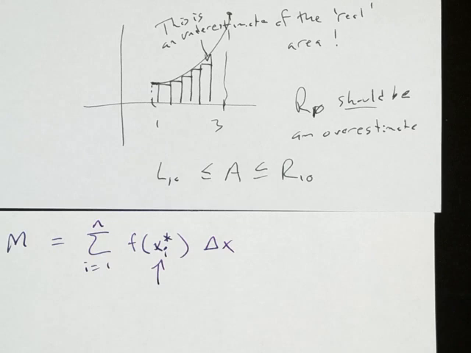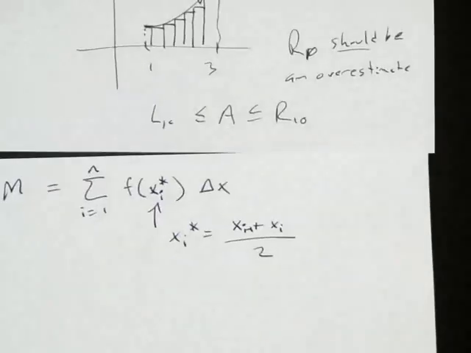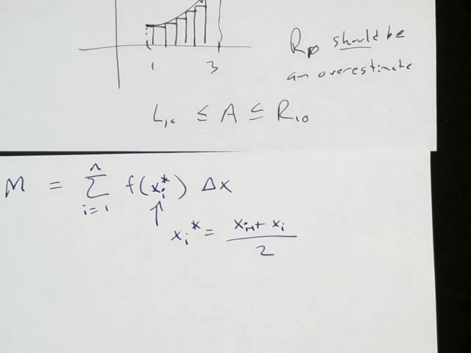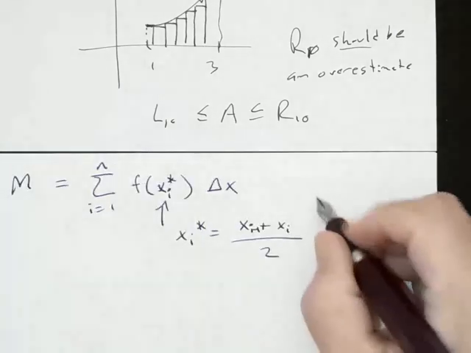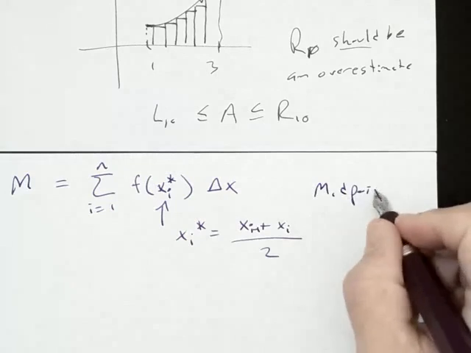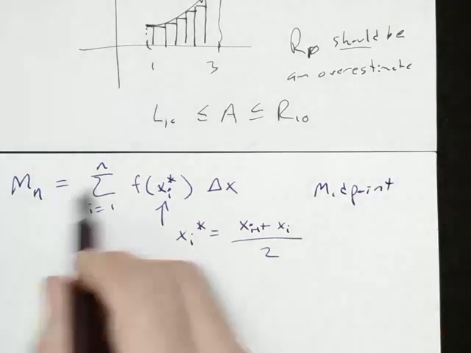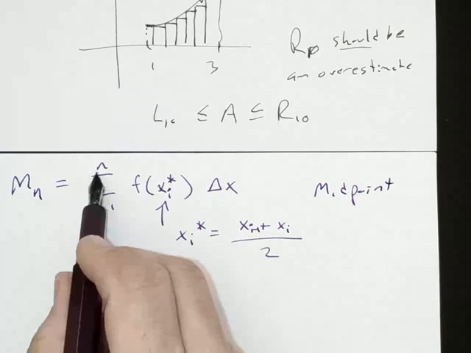How do I do xi star? Well, I have to pick the middle, right? So I take the two of them and I average them together. Halfway between xi minus 1 and xi. And that would absolutely work. I want to call this m sub n because it goes for n rectangles.